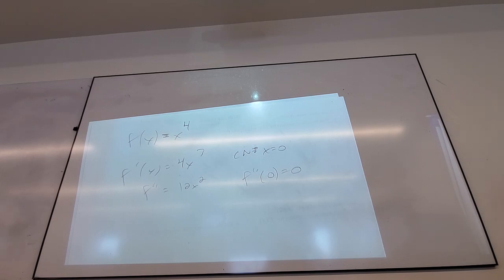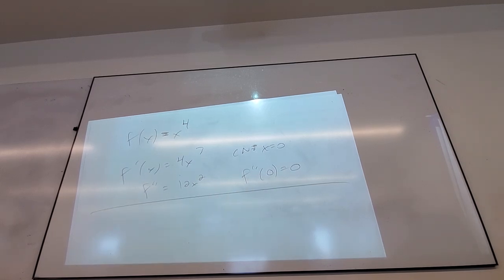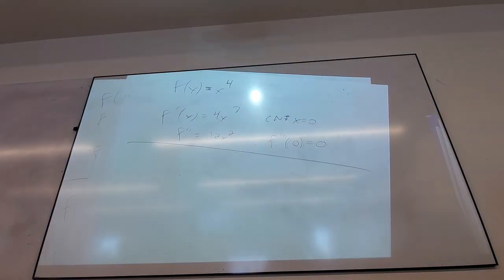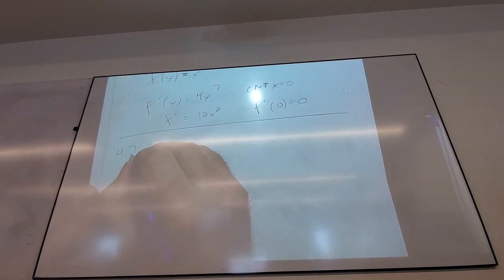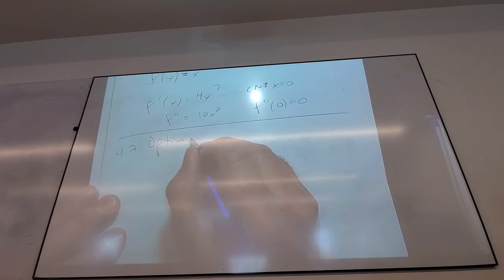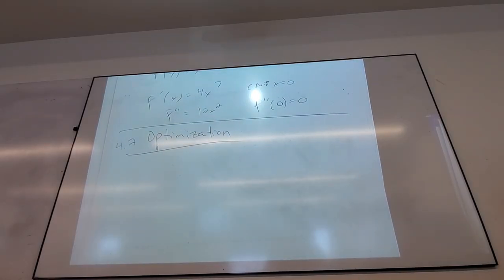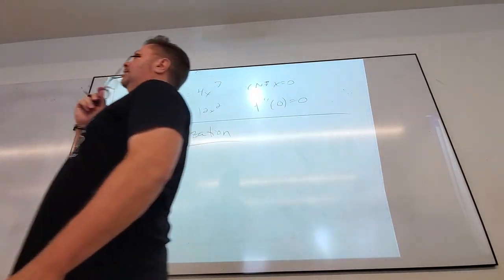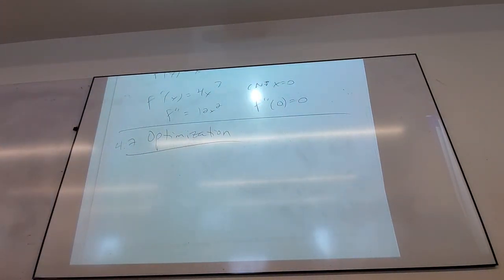So, last time I gave us a concrete example of what we're about to get into. We talked about rectangles with various side lengths and trying to make the area the biggest.